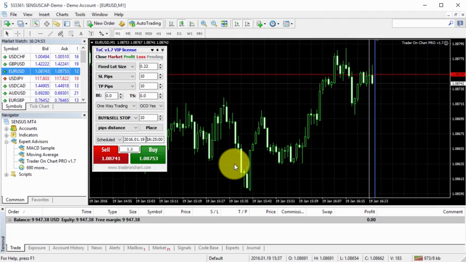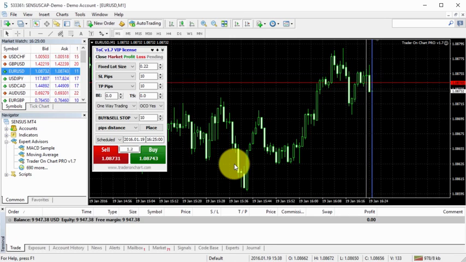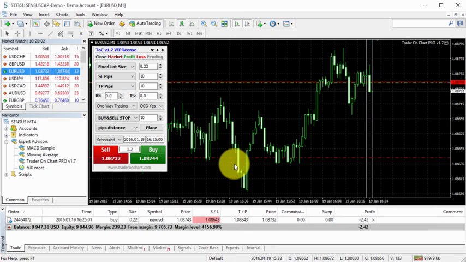So right now we can see a blue vertical line. It means a buy trade is scheduled. And here it goes. At the exact time, the application executes the scheduled trade at the market price that was at that very same moment.